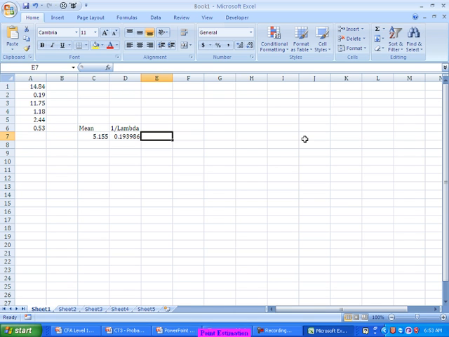So using this, the question says, estimate the lambda and use this to find the probability that the average claim is greater than 10.